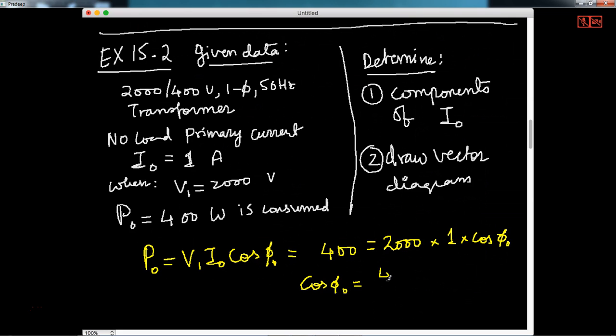It is nothing but 400 by 2000. Let me calculate. 400 divided by 2000, so I'm getting 0.2 as cos phi naught.